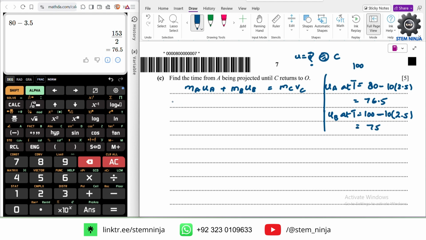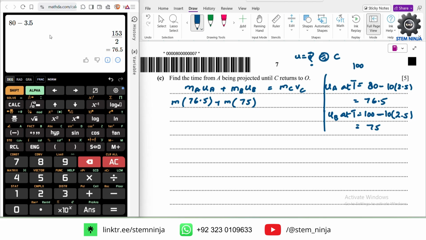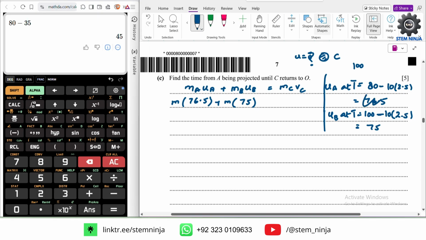So masses are the same, so m times 45 plus m times 75.